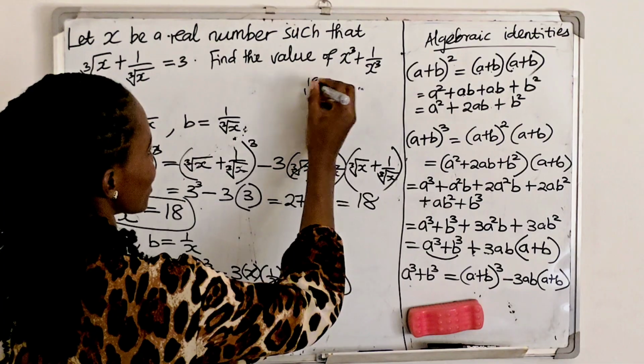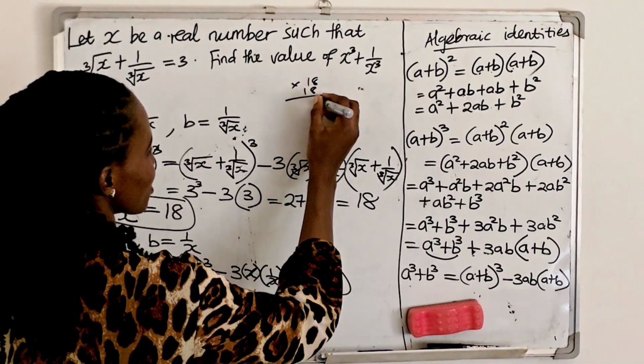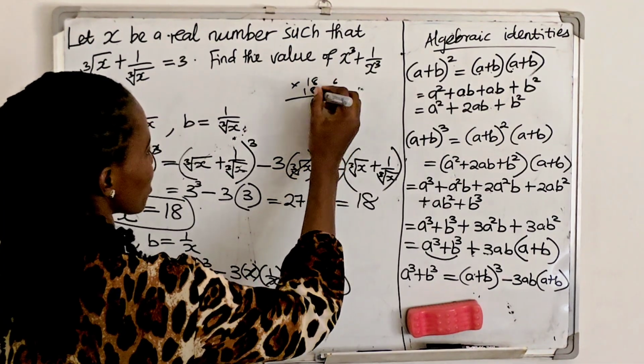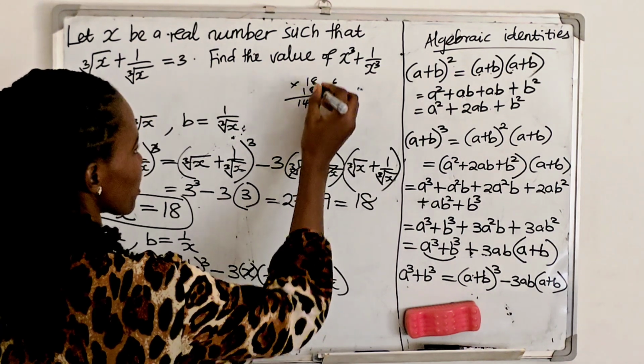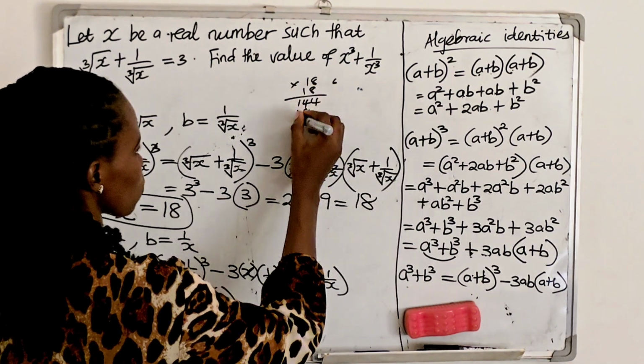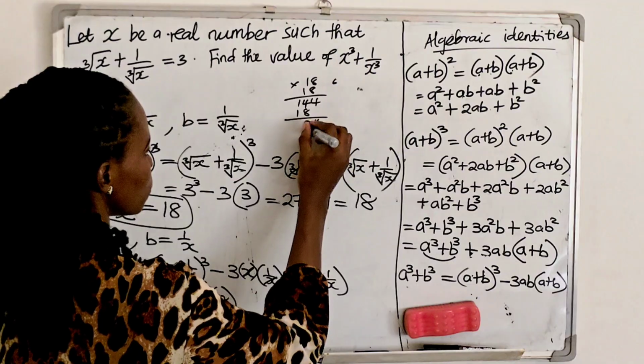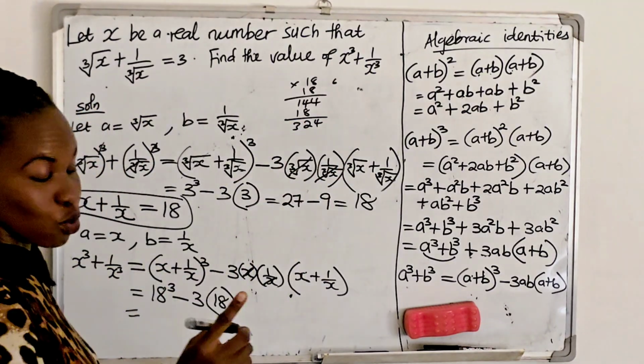18 times 18. 8 times 8 is 64, 4 carry 6. 8 times 1 is 8, plus 6 is 14. 1 times 8 is 8. 1 times 1 is 1. When you add, you have 324.